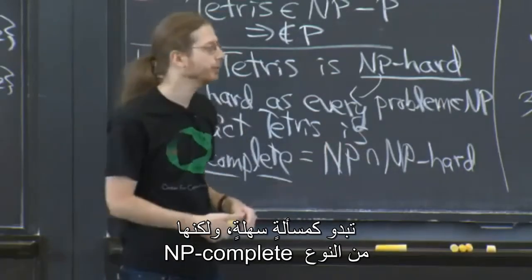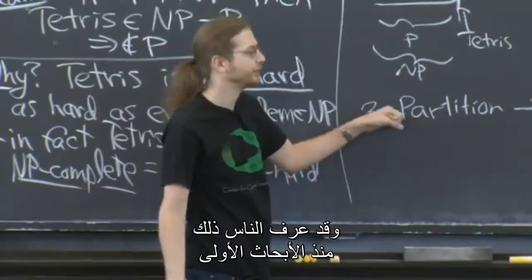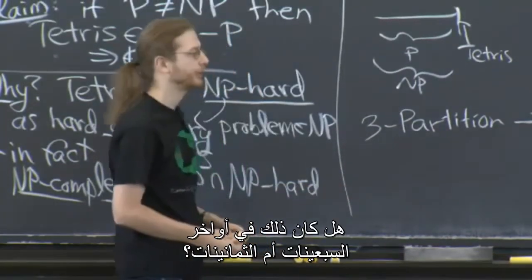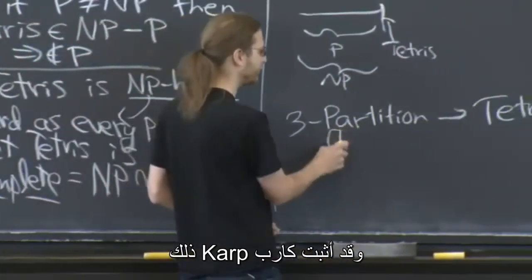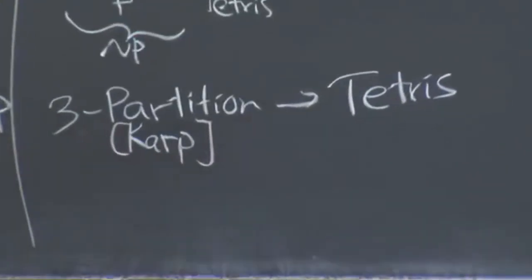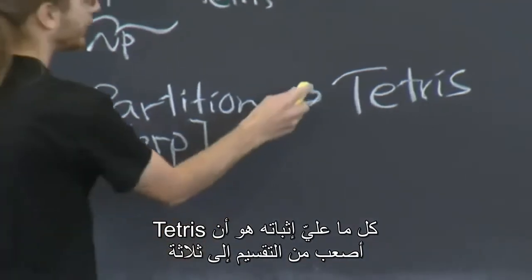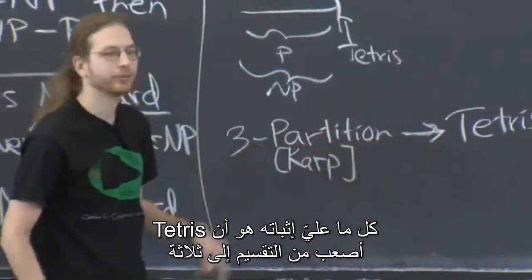Sounds like an easy enough problem, but it's an NP-complete problem. And people knew that since one of the first papers, I guess late 70s, early 80s, by Karp. So Karp already proved, this is standing on the shoulders of giants, that 3 partition is NP-complete, so I don't need to think about that. All I need to focus on is showing that Tetris is harder than 3 partition.